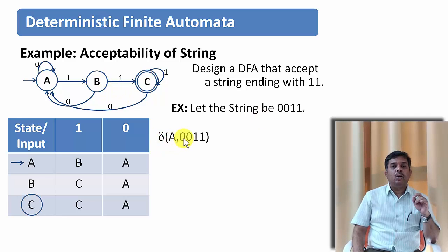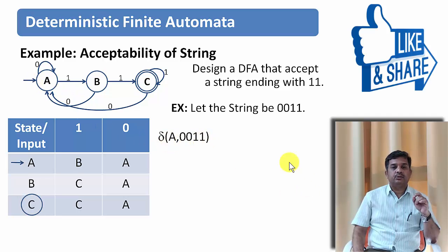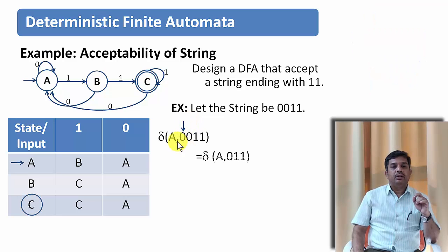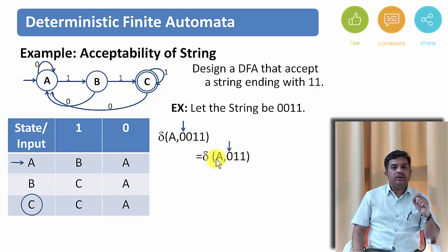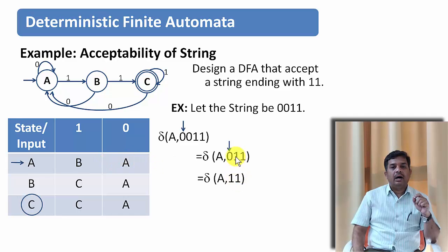Transition of A on the string 0011, where A is the starting state. If we give the first input, that is 0, then A on 0 goes to A. So the remaining 011 is left. Again, delta A comma 011. The first symbol is 0, so delta of A comma 0 is A. Now the left out string is 1, 1.